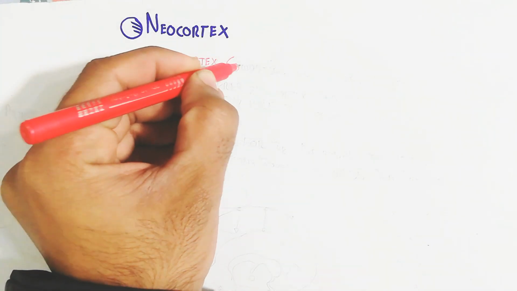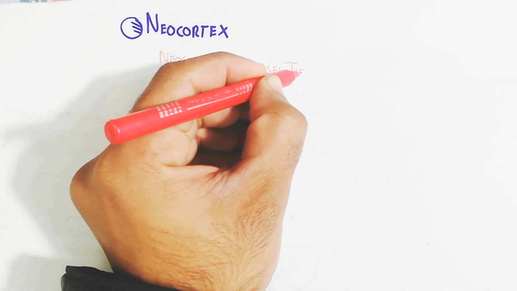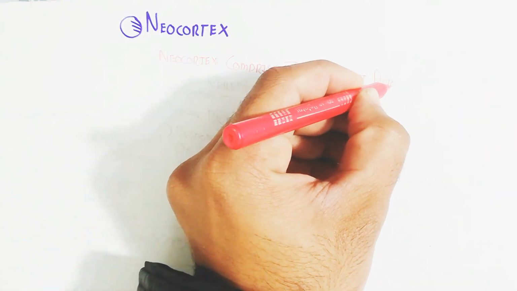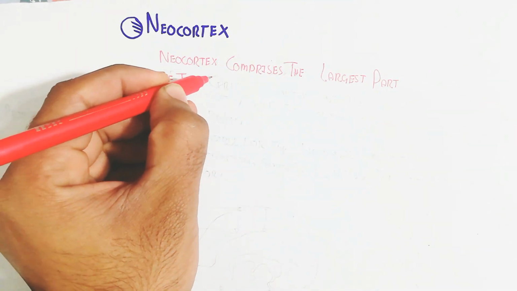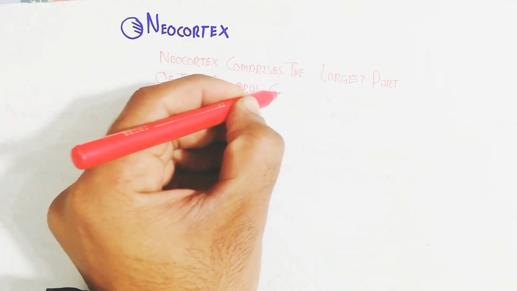The neocortex comprises the largest part of the cerebral cortex and makes up approximately half the volume of the human brain.